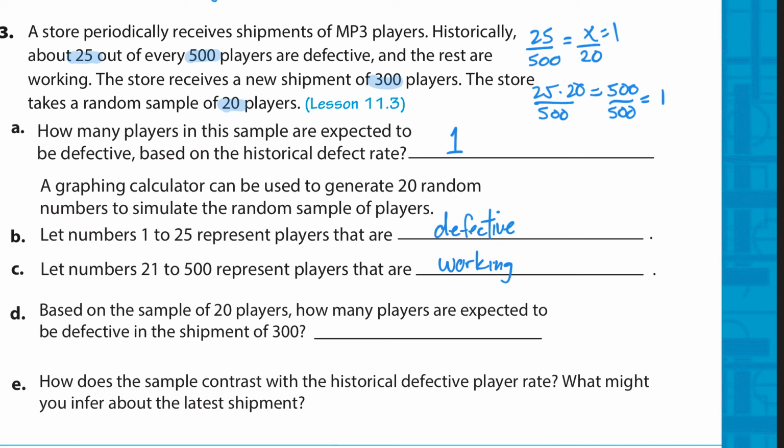Based on the sample of 20 players, how many players are expected to be defective out of 300? Well, 25 out of 500 equals how many out of 300? That would be 25 times 300 divided by 500. You know what? We can knock these zeros out, and 25 times 3 is 75 over 5, which is 15. So we should expect about 15.